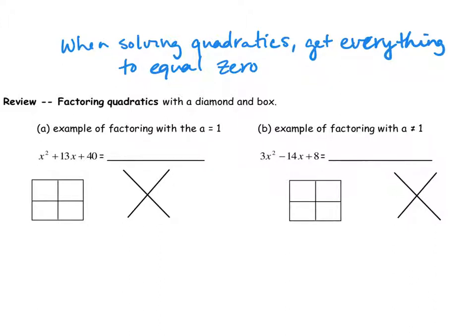That's the method we have for that. So this is with box and diamond, the area model, and it's really just a form of organizing things. I'm going to show you the same process with both. You don't have to do all of this, especially when you have an a value of 1.